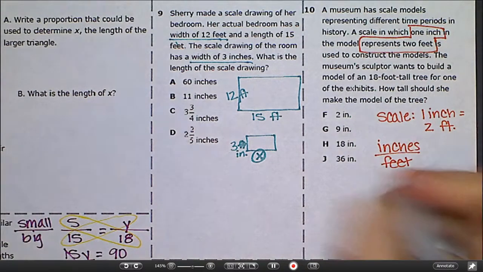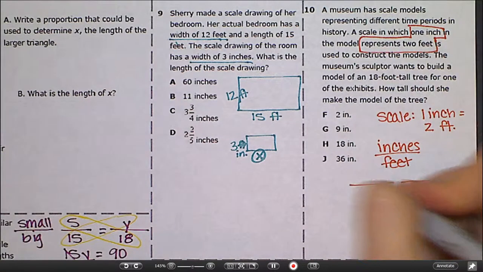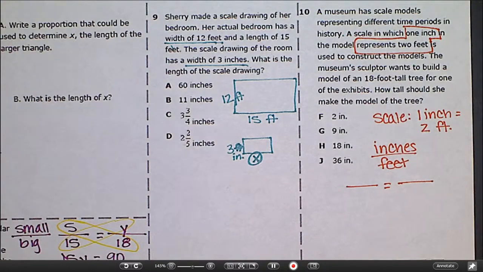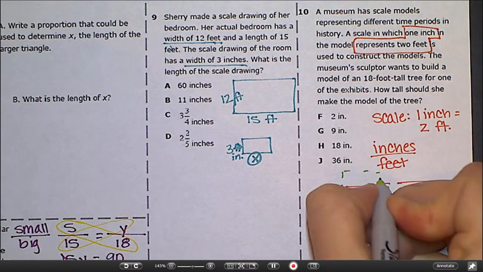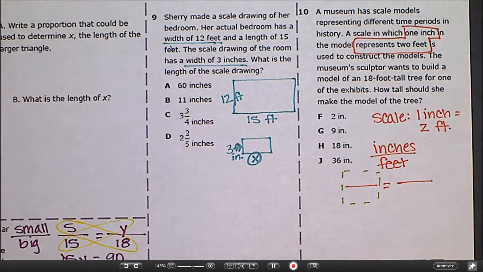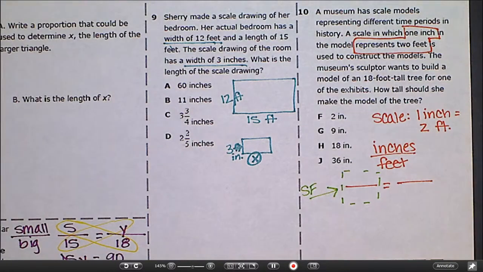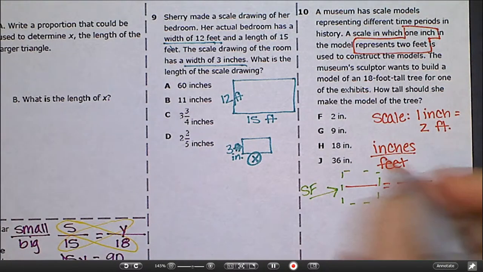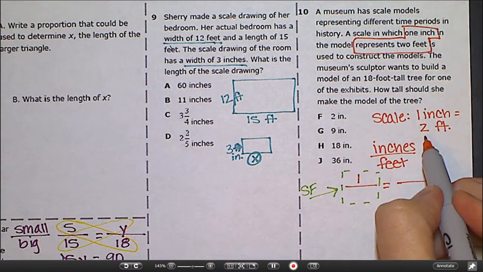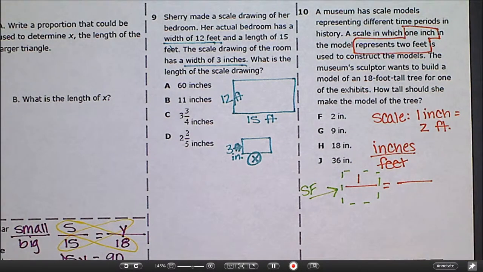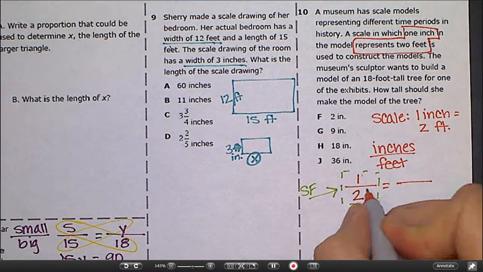And now I can set up my proportion, line equals line, and the first ratio is just going to be copied from the scale factor. So this right here is your scale factor. And I'm told that 1 inch, inches goes on top, corresponds to 2 feet on the actual tree. So 1 inch on top, 2 feet on bottom.